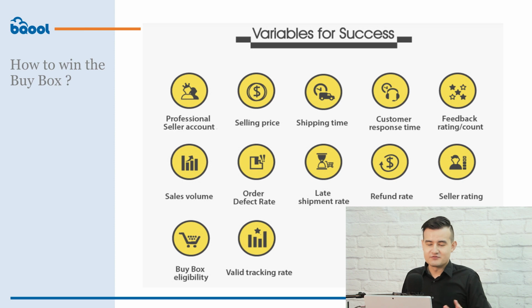Now, there's all these different factors about how to win the buy box. It's whether you have a professional account, maybe the selling price you have, also your fulfillment method, and also the sales volume you have, your feedback. There's so many different factors, and no one really knows the Amazon algorithm for getting the buy box. But we've cracked the code for you.